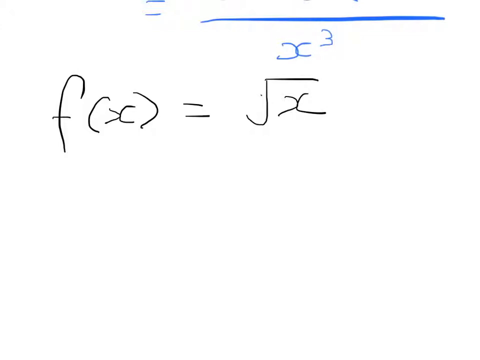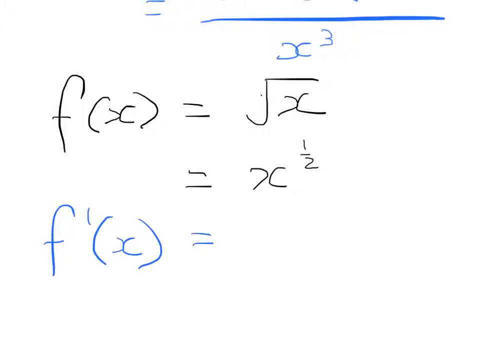Again we put it into indices form, or power form. That's the same as x to the power of a half, which means f dash of x is a half times x to the power of negative a half.